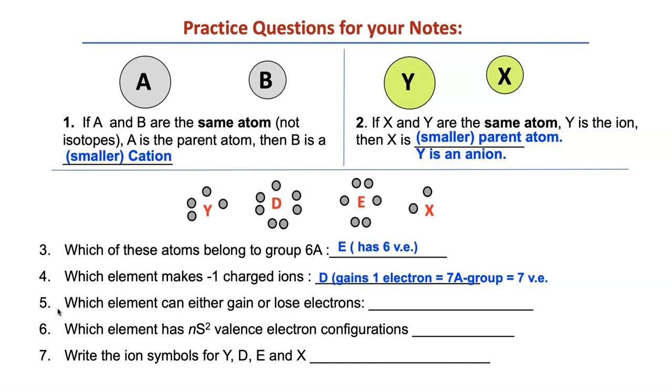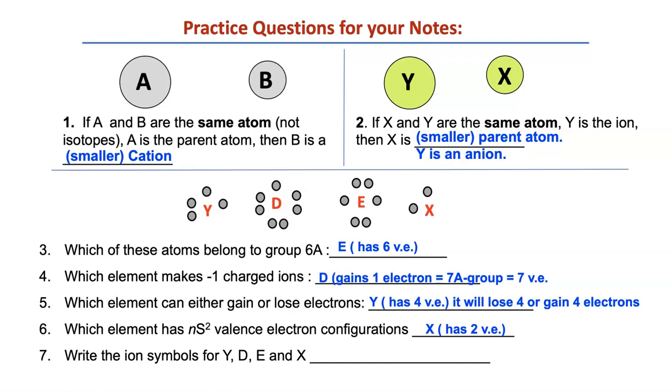Who can gain or lose electrons? Somebody who has 4 electrons, right? So that would be Y. Number 6, which element has ns2 valence electron configurations? Somebody who has 2 electrons, the answer is X.